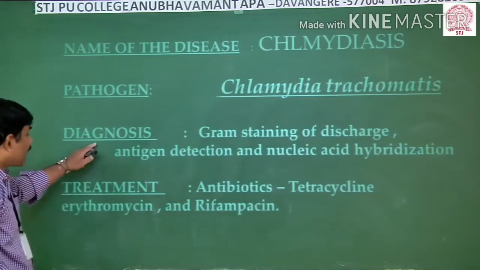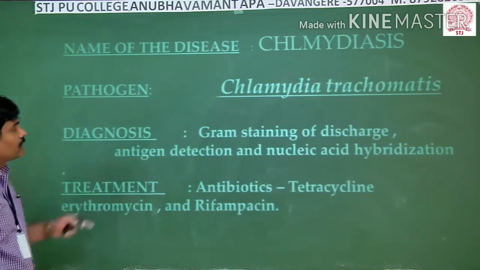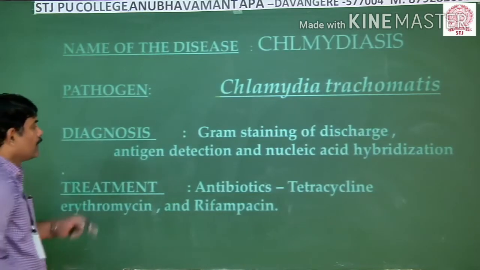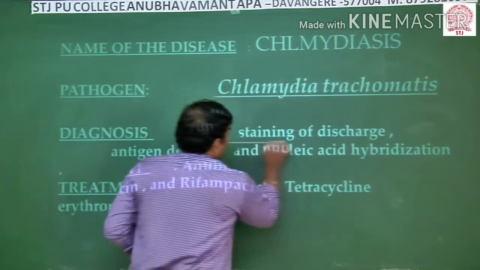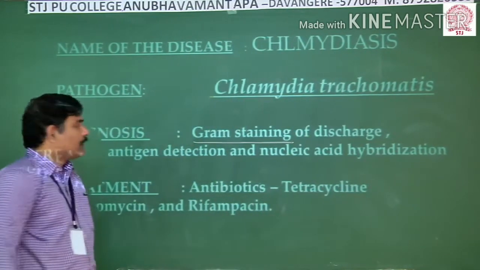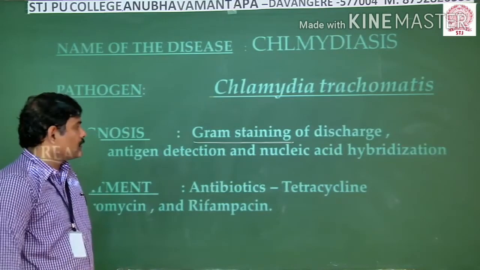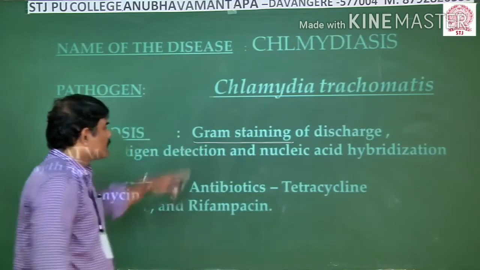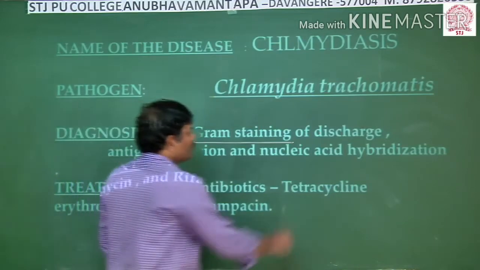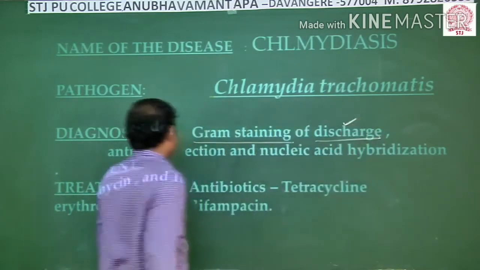Right, coming to the diagnosis and the treatment of this disease, let us see. Gram staining is one method, I explained earlier. We identify which kind of organism it is, and this gram staining can be done based on the discharges of an infected person.